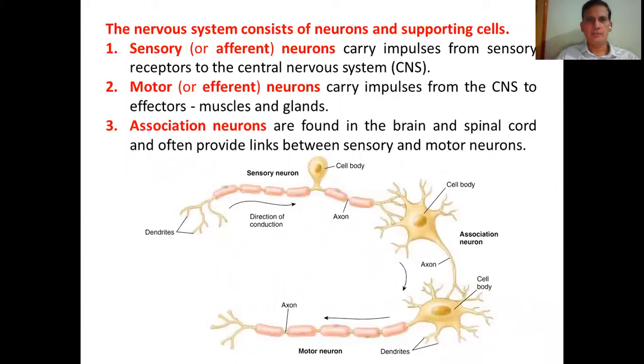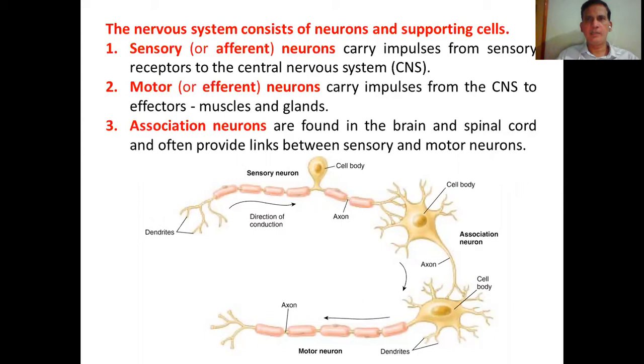Second one is the motor or the efferent neurons. They usually carry impulses from the central nervous system to the effector muscles and glands. So, in response to a stimulus, the body needs to do some kind of activity.